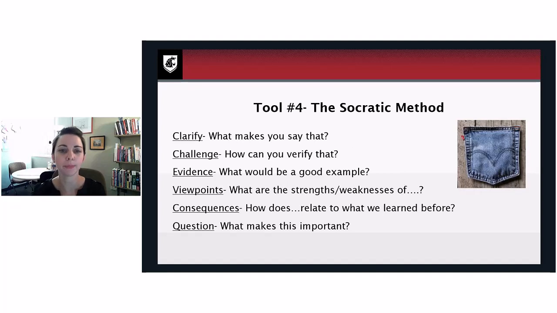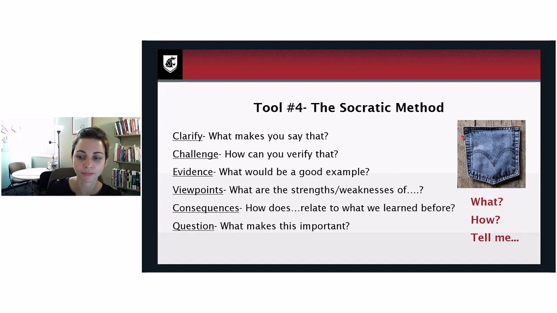I call them back pocket questions. Questions that I always keep in my back pocket. And if you ever meet with me one-on-one, you'll hear me ask you a lot of questions that start with these words. What, how, and tell me.